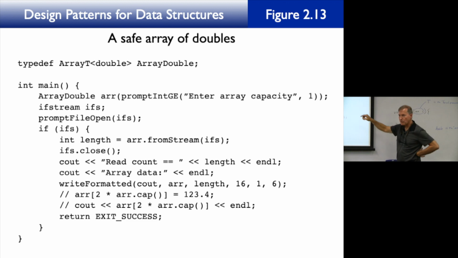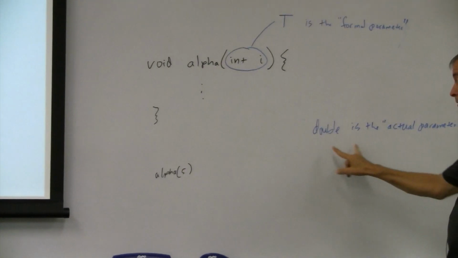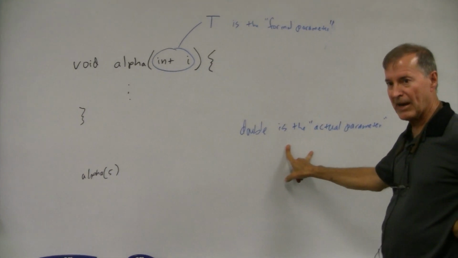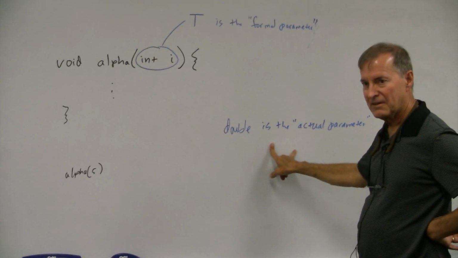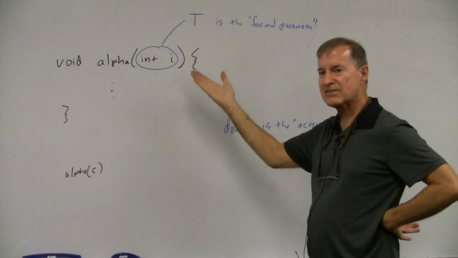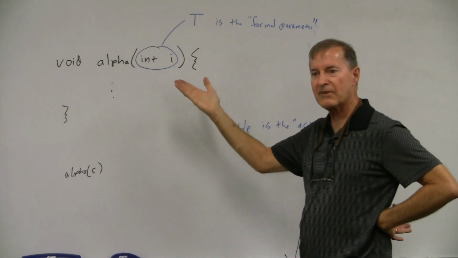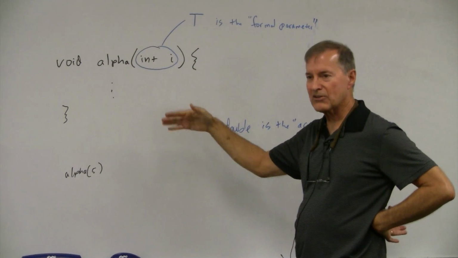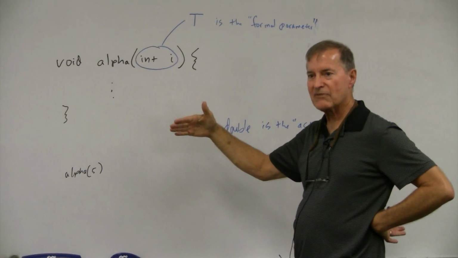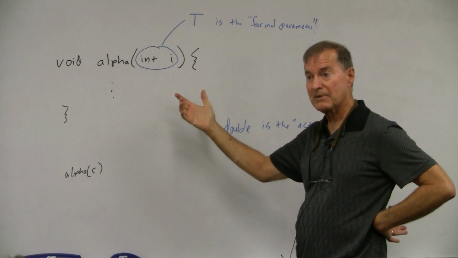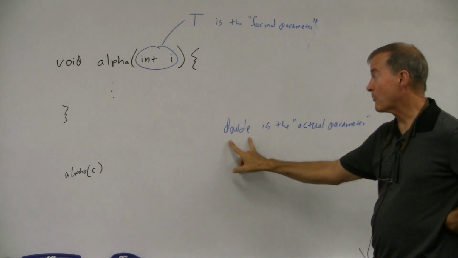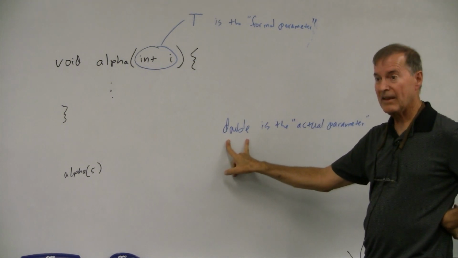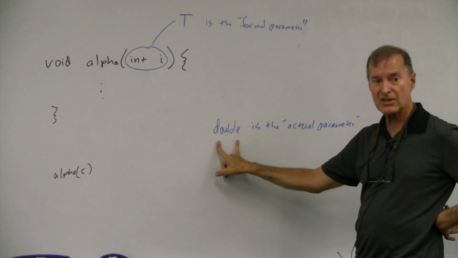That double is like the actual parameter, so that whenever you create a safe array, we don't have to have a safe array for integers and another safe array for doubles and another safe array for something else. We can just have a safe array for an arbitrary type. And then we say what the type is in the client program that uses the library.